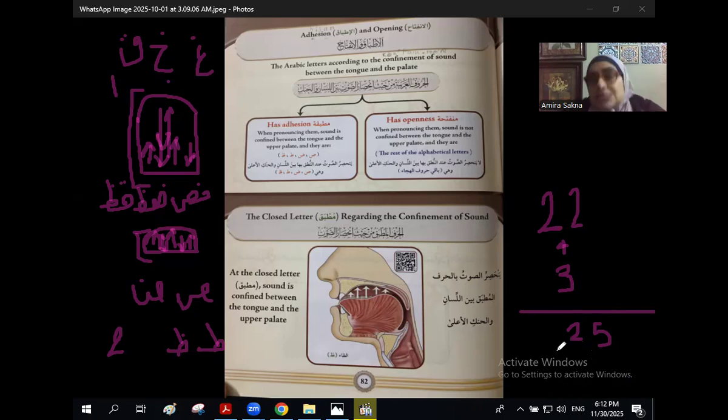Because from the start, when we explained about the lowered letters, we said that the sound does not rise to the roof of the mouth or the dome of the palate. So from where will it be confined between the tongue and the upper palate? No way, because it already does not rise to the roof of the mouth. It descends. Fine? This is number 1.